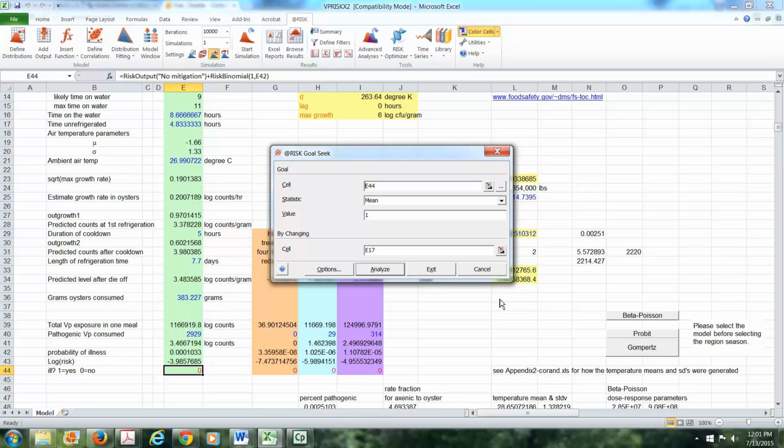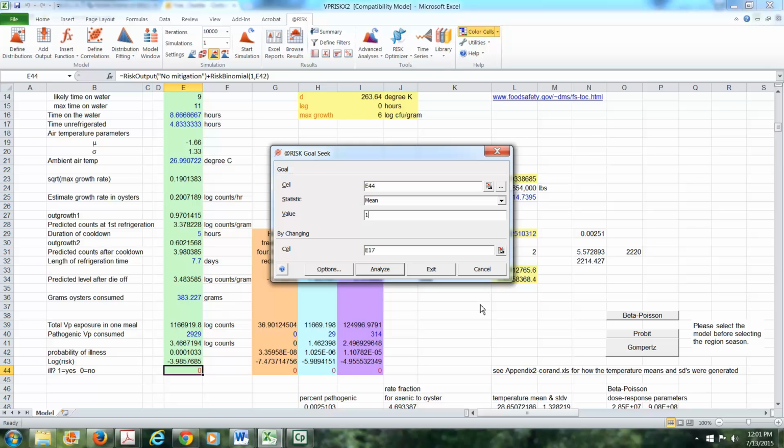But what I would like you to understand is that you could use this as the same sort of goal seek that Excel has. If you have a value in your model that is of interest to you, you identify the cell where the value is found, you identify the value that you're interested in, and then you select one cell that can be changed to make this cell equal the value of interest to you.